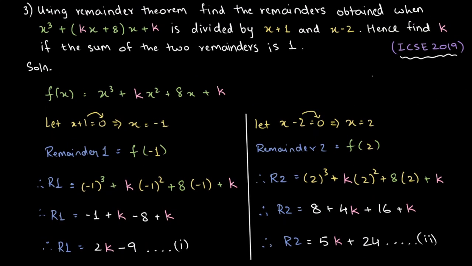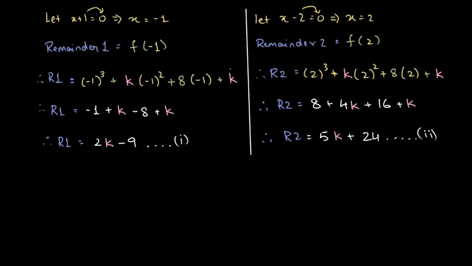And in the question, if you read, they've given us that the sum of the two remainders is 1, right? So that means, according to the given condition in the question, I can say that r1 plus r2 is equal to 1. Let's mark this as equation number 3.